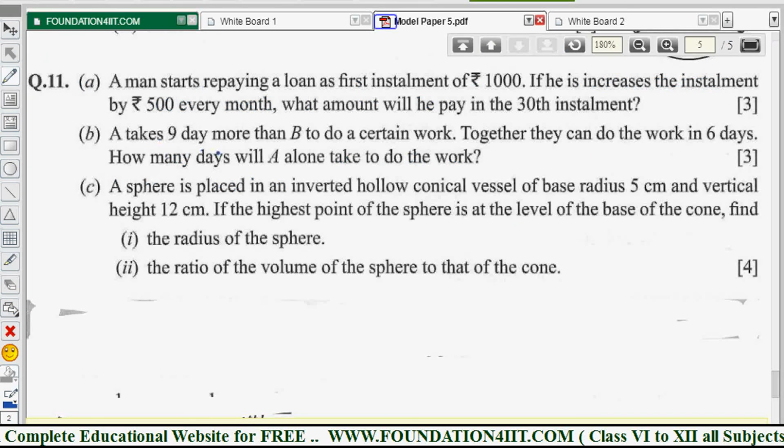A takes 9 days more than B to do a certain work, and together they can do the work in 6 days. How many days will A alone take to do the work? Right? A takes 9 days more than B to do the certain work. This is the condition.